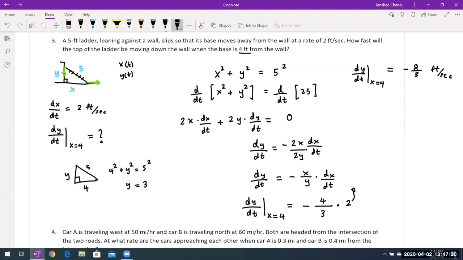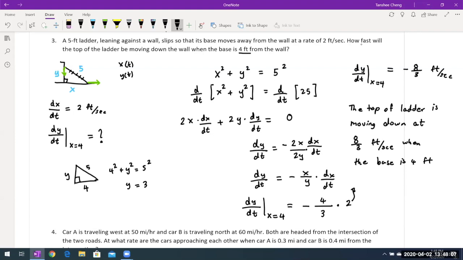So the interpretation is: the top of the ladder is moving down at 8/3 feet per second when the base is 4 feet from the wall.